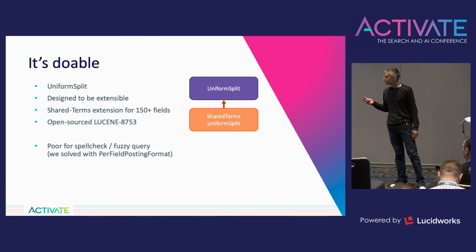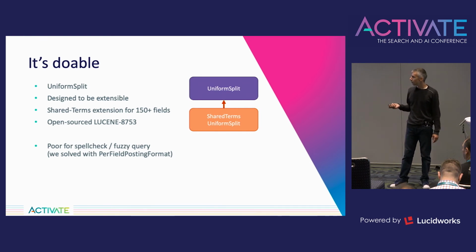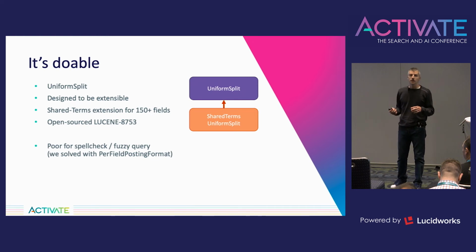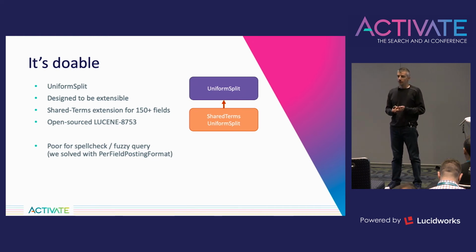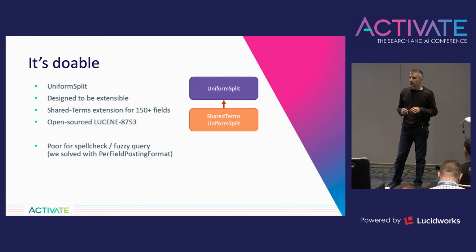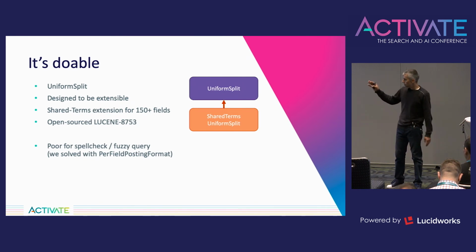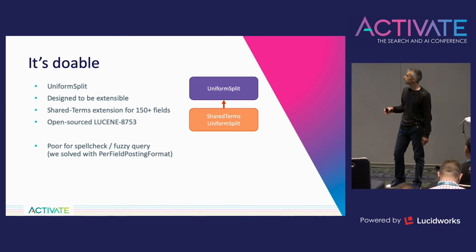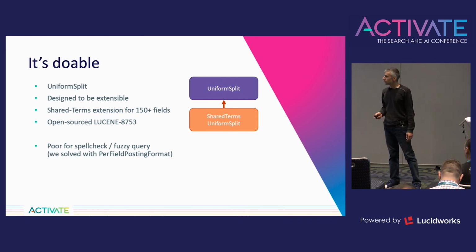Remember that we have poor spell check fuzzy query performance, but actually we solved that because in our case, we do spell check on only specific fields. So we can use the per field posting format to keep the block tree for those fields. And for all other fields, we can use the uniform split.